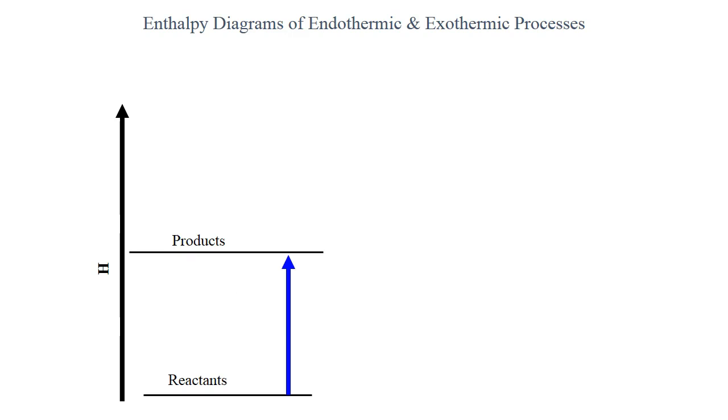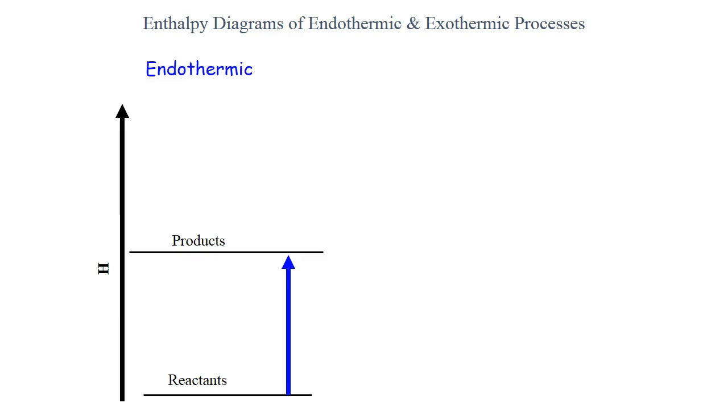What you see here is an enthalpy diagram where enthalpy, remember, is abbreviated capital H. That is shown on a vertical scale here. In this case, an endothermic reaction you would see on the left, where the reactants have lower enthalpy than the products, and they have to gain heat in order to go from reactants to products, in order for the reaction to proceed.